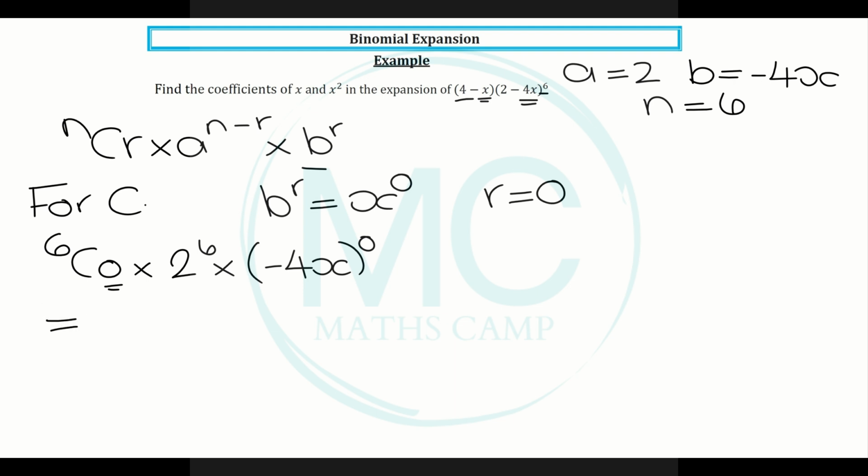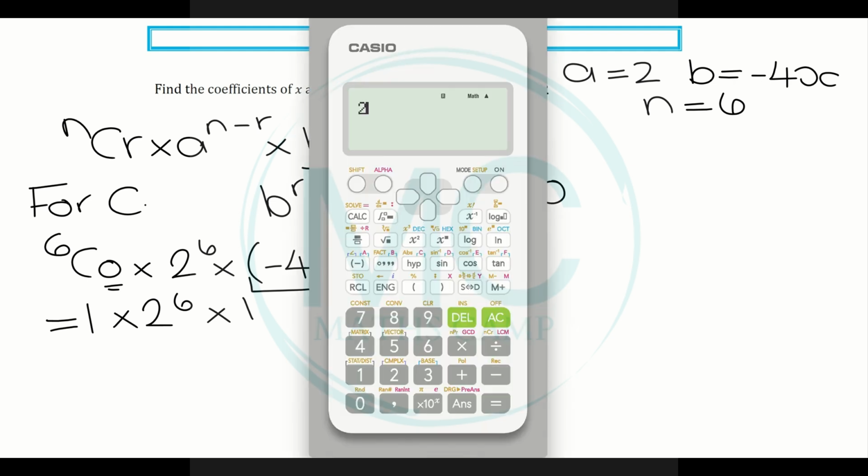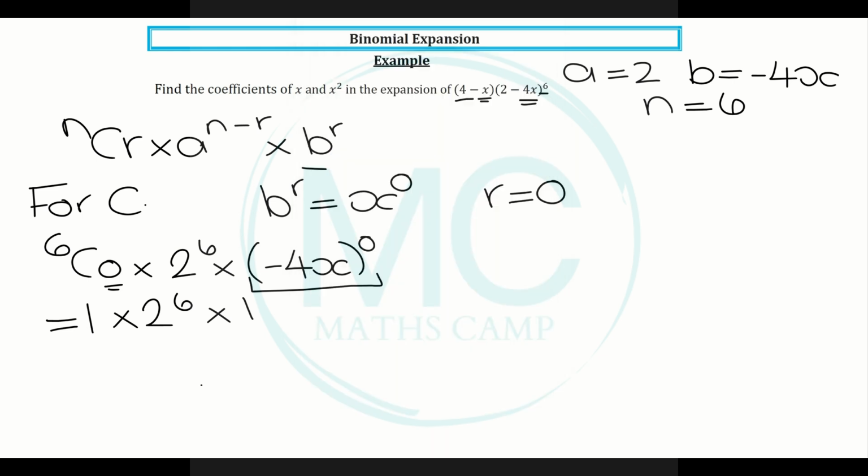So now we have 1 multiplied by 2 with an exponent of 6, multiplied by the bracket with an exponent of 0, which is also 1. So now all we're working with is 2 with an exponent of 6. Take your calculator. 2 to the power of 6 is equal to 64. This is our constant. So over here, I'm going to make a note that our constant is 64.